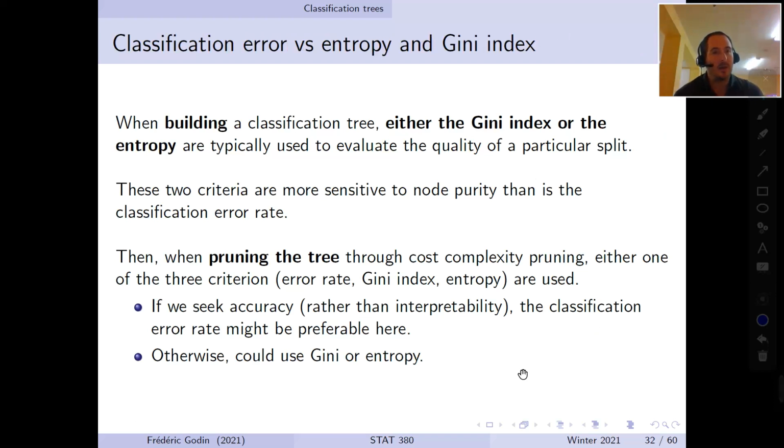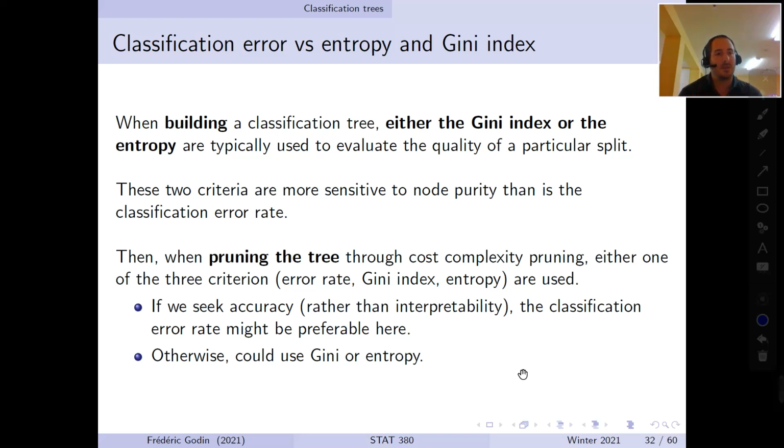When we use either entropy or the Gini index to make a split within recursive binary splitting, we select a predictor and a cutoff for which the aggregate entropy across these two subregions is reduced as much as possible.